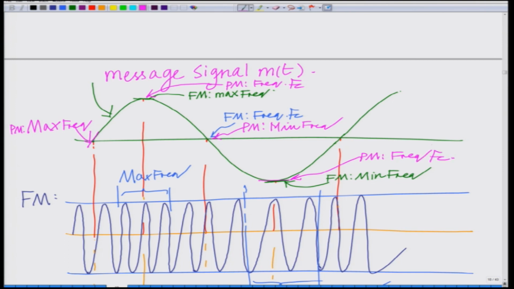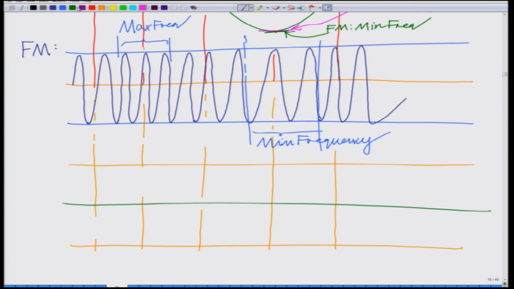frequency, simply Fc. So, if I draw this phase modulated signal, at this point you will have maximum derivative.